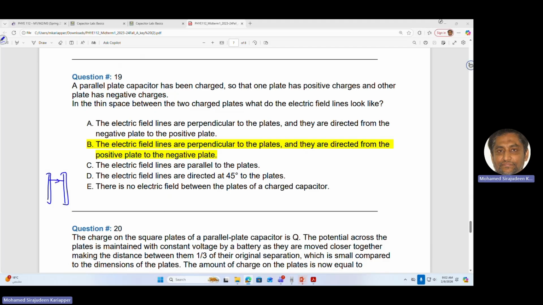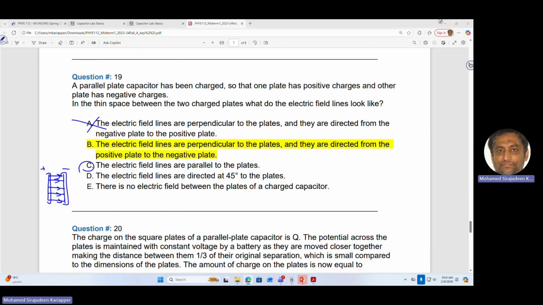The electric field between them will be straight lines like this, going from the positive to the negative. Just remember this picture. The electric field lines are perpendicular to the plate. Yes, correct. And they are directed from the negative to the positive plate. That is wrong. It is perpendicular to the plate, but the direction will be from the positive plate to the negative plate. So this is wrong.